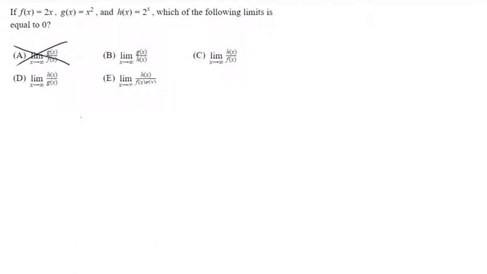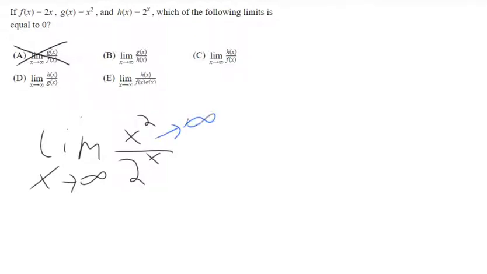So we're looking at the limit as x goes to infinity of g of x, which is x squared, over 2 to the x. And again, as x is going to infinity, x squared is going to infinity, and 2 to the x is going to infinity.